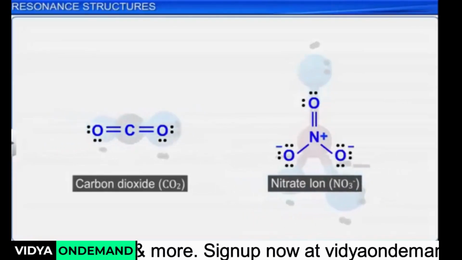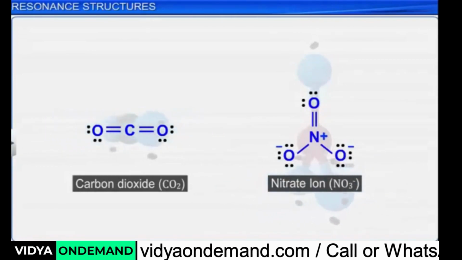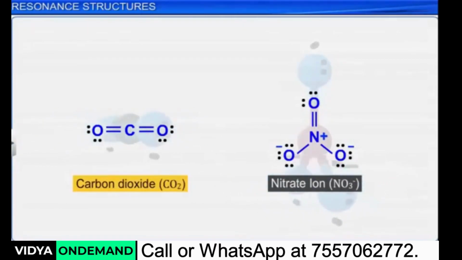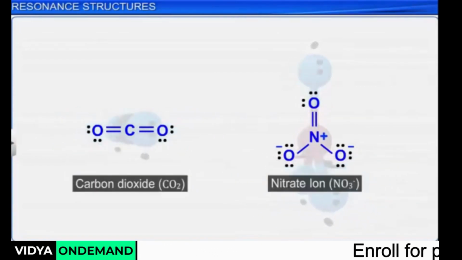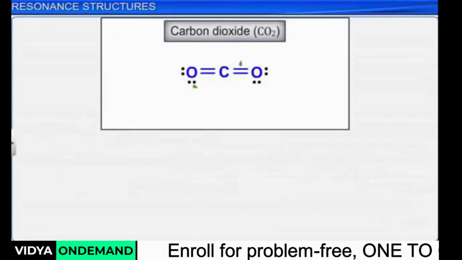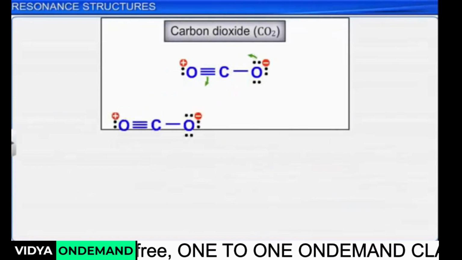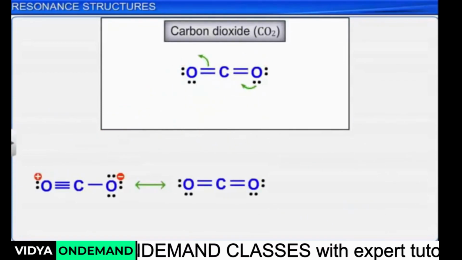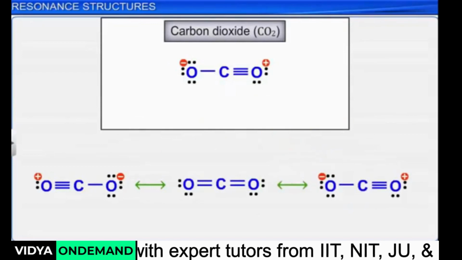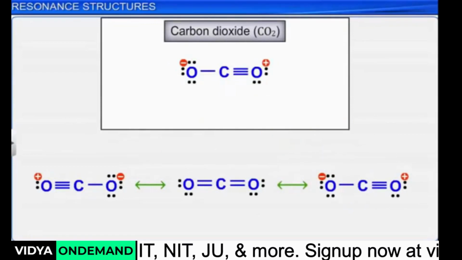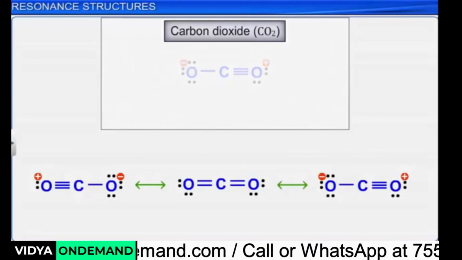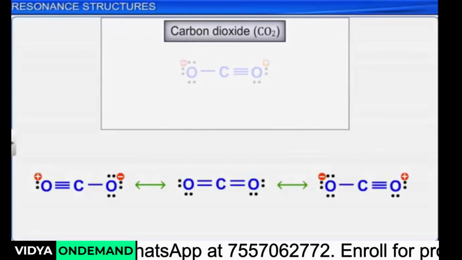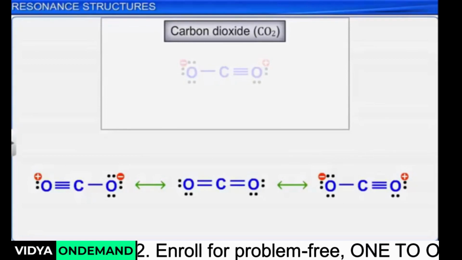Let us reinforce this concept by considering the possible Lewis structures of a carbon dioxide molecule and the polyatomic nitrate ion respectively. We can represent a carbon dioxide molecule by the three following Lewis structures. None of the single structures explain the observed carbon-to-oxygen bond length, which is 115 picometers.